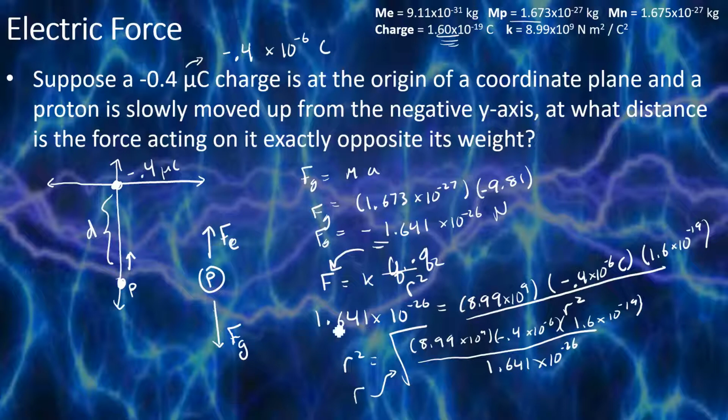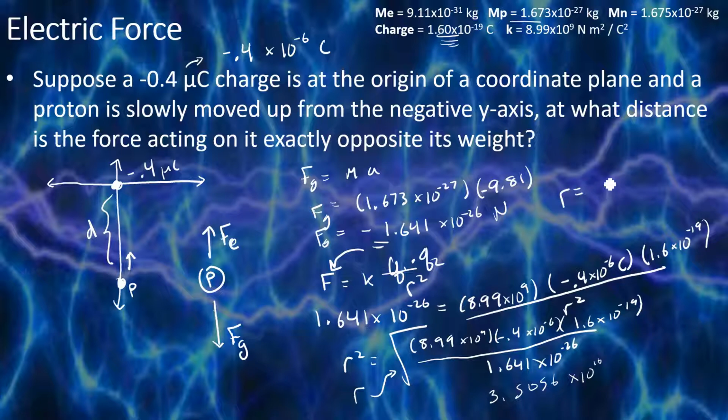Okay, so I'm going to get inside here 3.5056 times 10 to the 10th, and then I'm going to square root that. Okay, so I get, did I forget something?